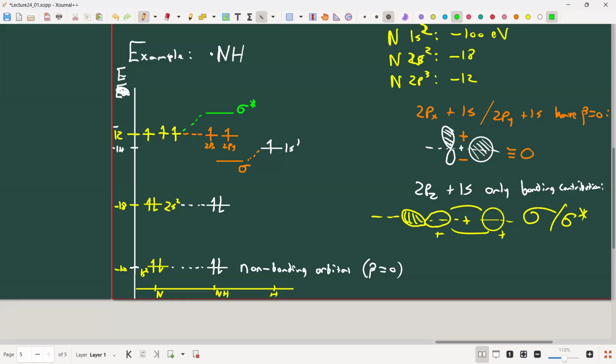Well, they're going to look more like the atomic orbitals that they're closest to. So this sigma bonding orbital looks very hydrogen-like, because it's close. So it's close to 1s, and this is polarized towards hydrogen.